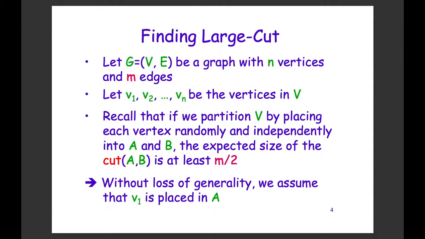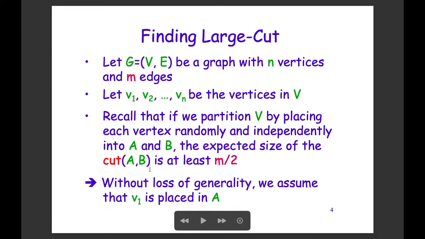So let's see the example. We have the major idea here first. Our algorithm will partition the vertices, v1, v2 up to vn, into two partitions randomly. Let's say one of them is A, the other is B. Now if we put the vertices randomly in A or B, and so on and so forth, the expected size is m/2.